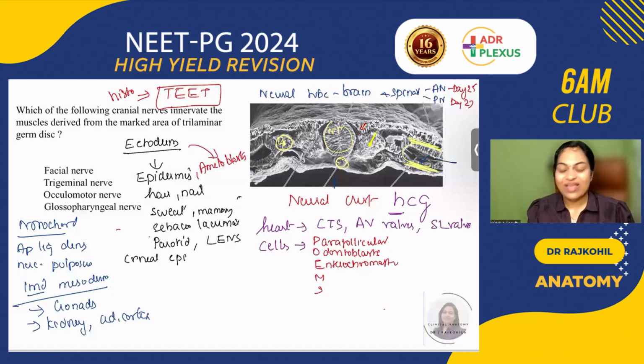So parafollicular cells of the thyroid, the odontoblast, the enterochromaffin cells. M, can you tell me what the M stands for? For the melanoblast and the Schwann cells. Okay, the neuroglial cells. And lastly, G. G is all about the ganglia.